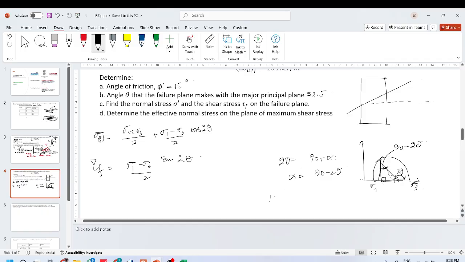And 180 equals 90 plus 90 minus 2 theta plus this.